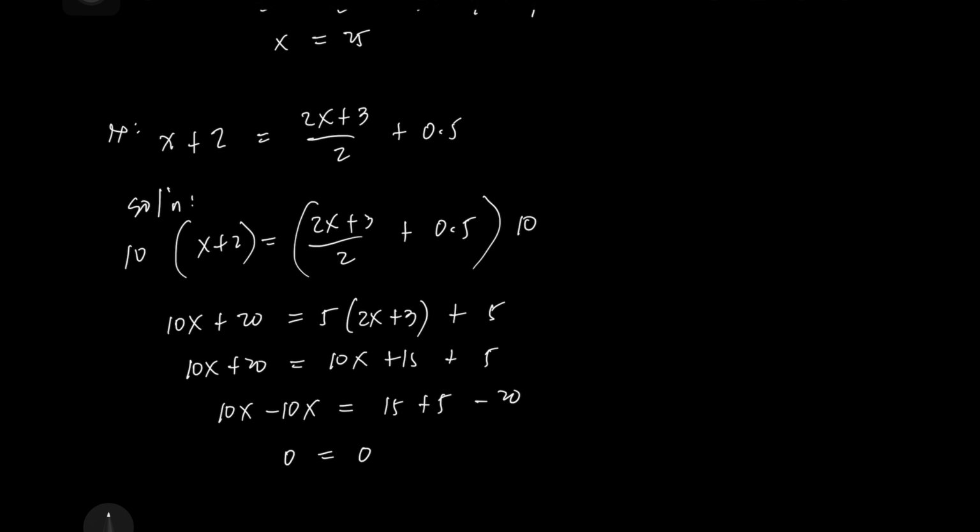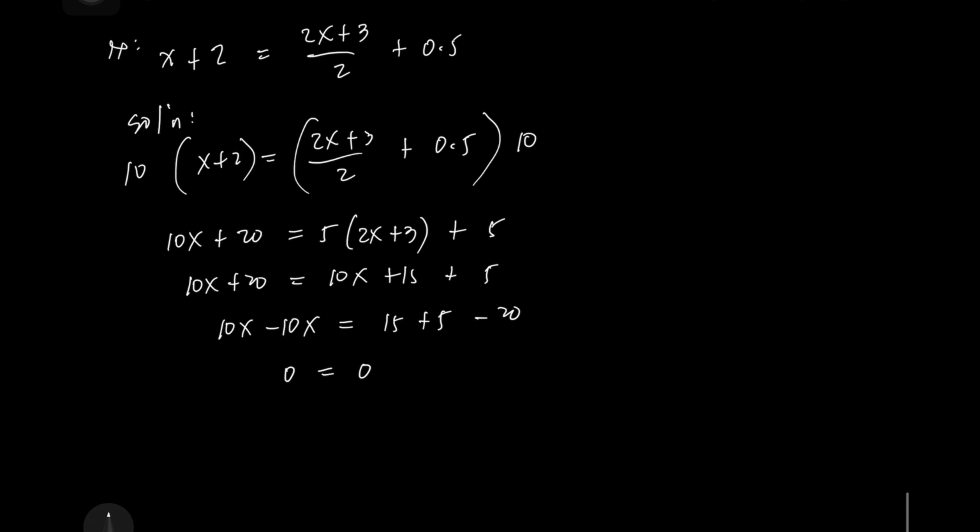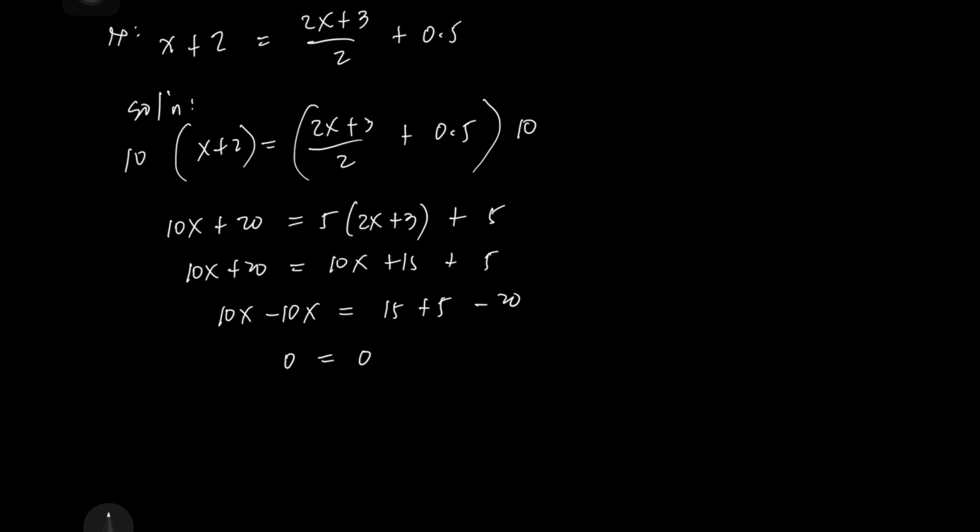0 = 0. Now, 0 equals 0, meaning whatever value of x you put on the left side will always give the value of the right side.